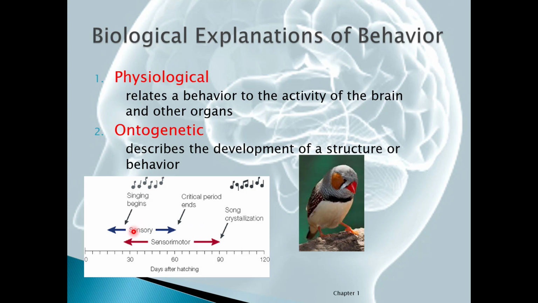This critical period, between 20 and it looks like 60 days, is when that young zebra finch needs to hear the adult male birdsong. If they hear it after or before, they'll never produce that adult male birdsong. So again, even though they have the hardwiring, they need that experience to be able to produce it.